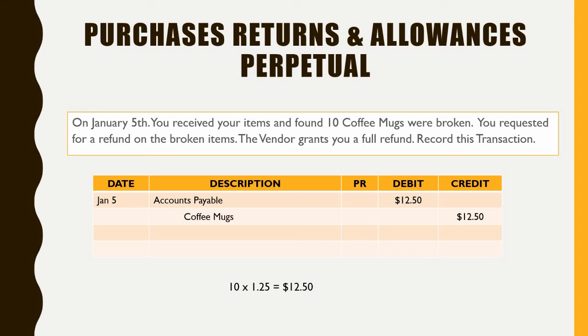Any questions here? There is no need for a contra account, because in this case we know exactly what we have and we placed it into inventory anyway. It's not an expense. With an expense, it's kind of hard to undo some expenses, so that's why we have to have a contra account.